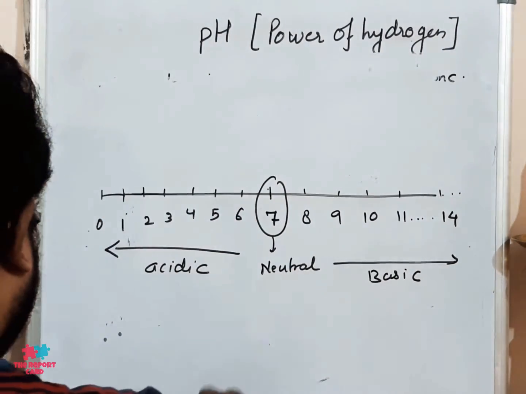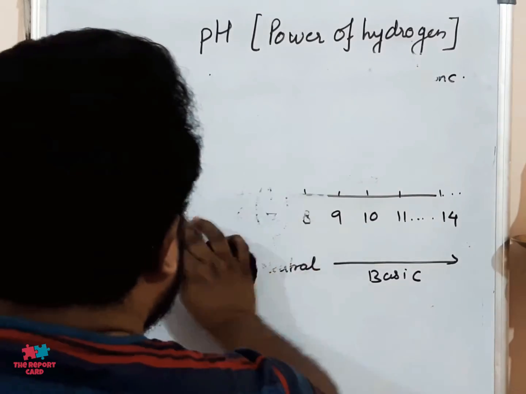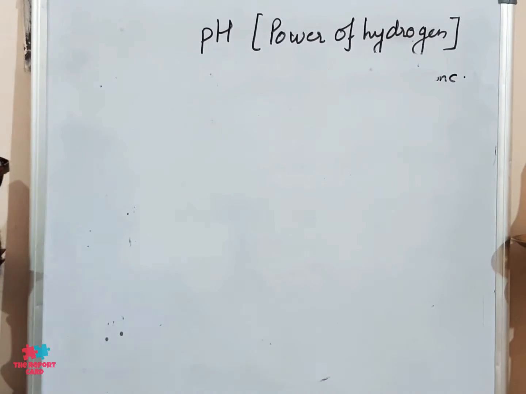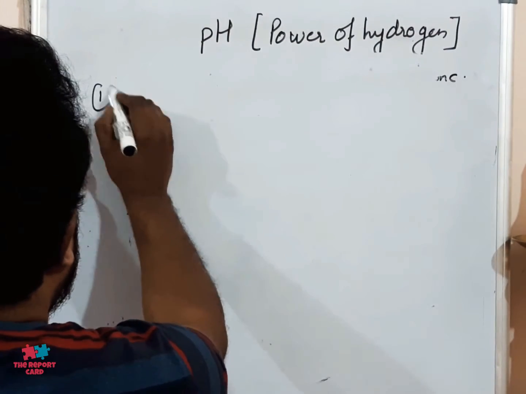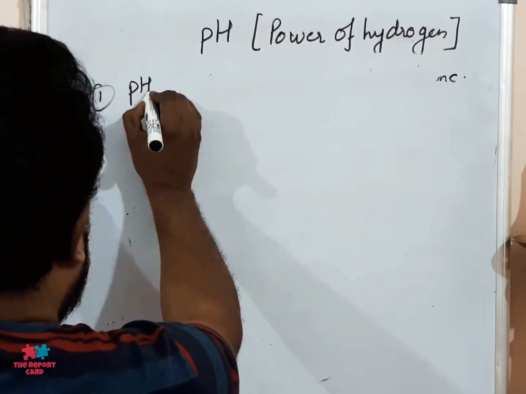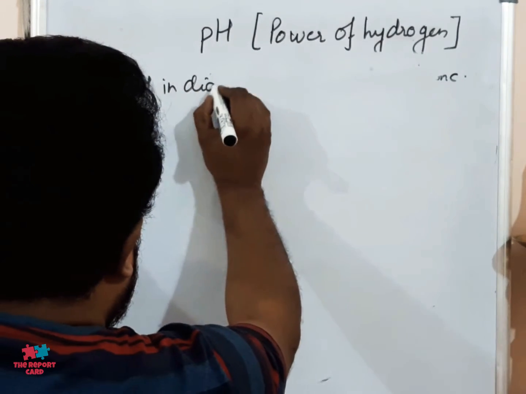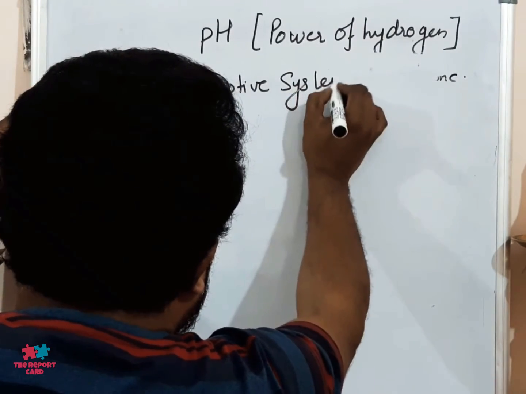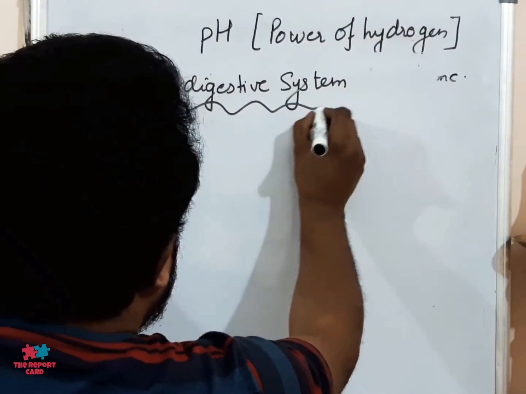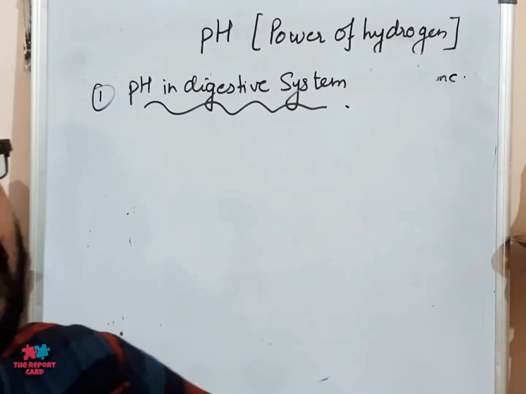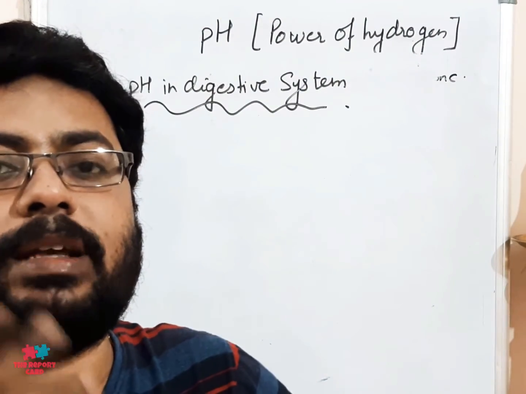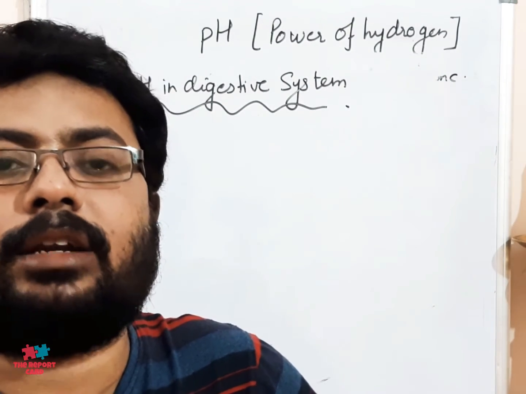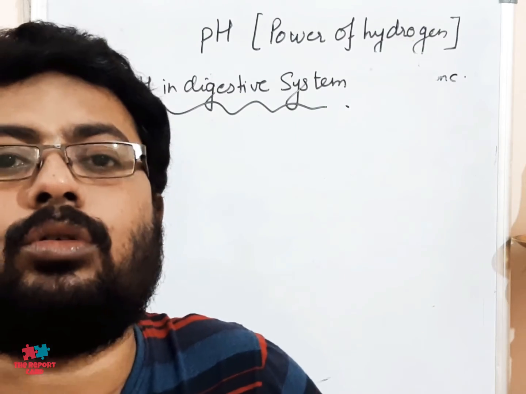Now there is a lot of importance of pH in our daily life. This is very important for your examination. So first is pH in the digestive system. There are certain enzymes which act at a specific pH. For example, pepsinogen, an inactive form of the pepsin enzyme, is a proteolytic enzyme.